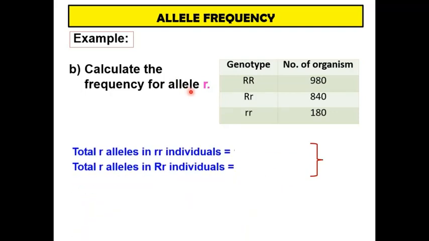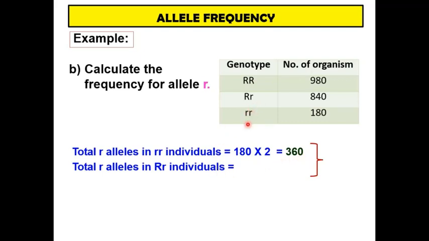Okay, first, we have to calculate the total number of recessive alleles in homozygous individuals and the total number of recessive alleles in heterozygous individuals. Based on the data, we have 180 individuals for the homozygous recessive, so we multiply by 2: 180 times 2 gives 360 alleles.